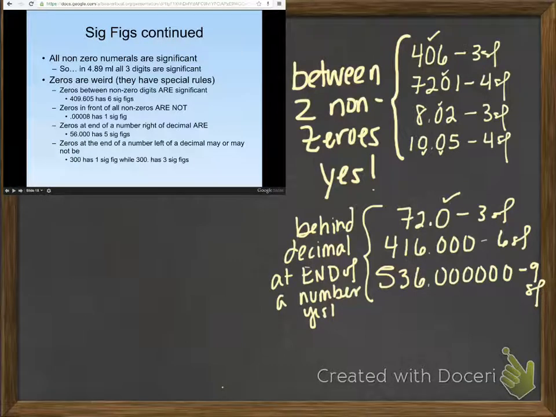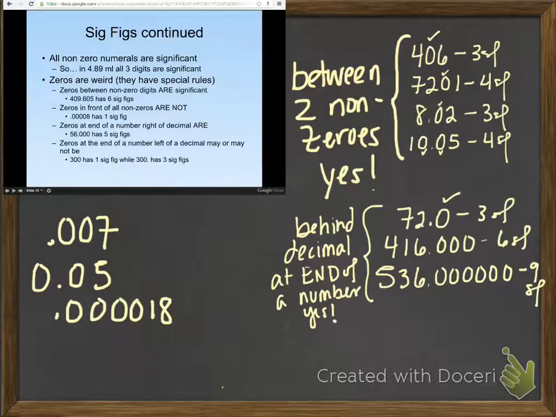Okay, so we've talked about the two cases where zeros are significant, when they're between two non-zeros or when they're behind the decimal at the end of a number. Now let's talk about the one case where zeros are never significant. When a zero is out in front of all non-zeros, it's not significant.